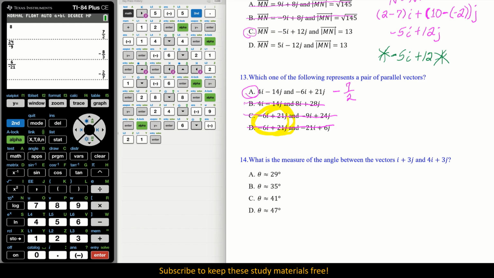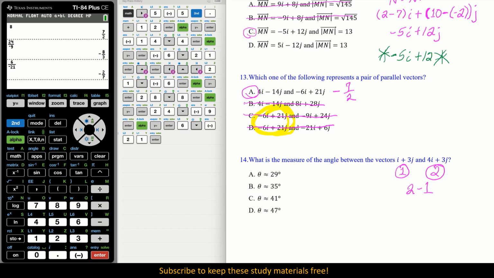Okay, now what we're doing is we are subtracting. I've already done this, so it doesn't matter which way you subtract. But if we say this one is the first vector and we call this vector 2, I am going to take 1 minus 2.